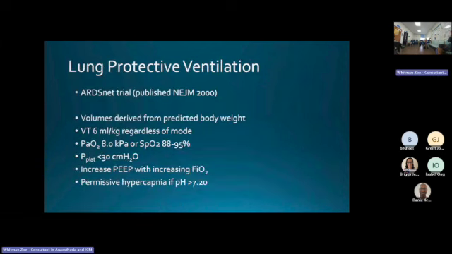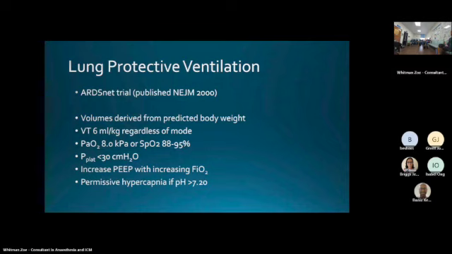And we try and do that by doing lung protective ventilation, which came from the ARDSNet trial, which was kind of beginning of the century. It's been around a long time now. And ARDSNet's still going to try and gradually work these things out and improve things as much as possible.